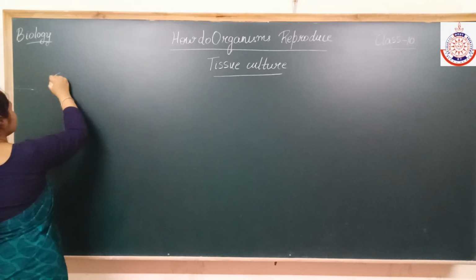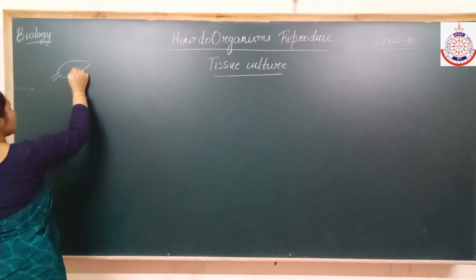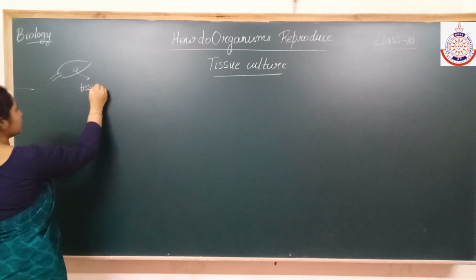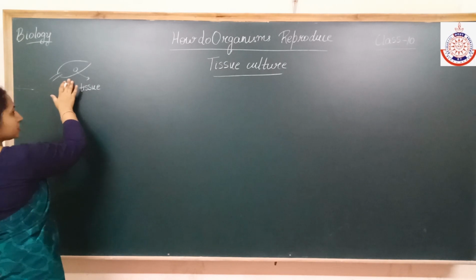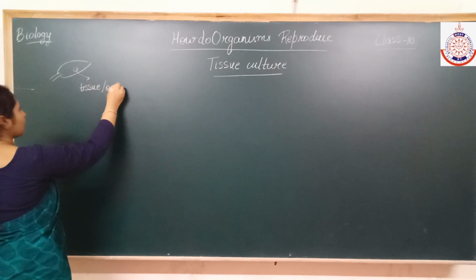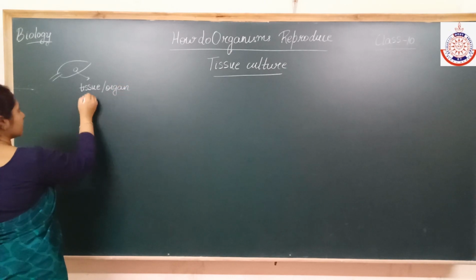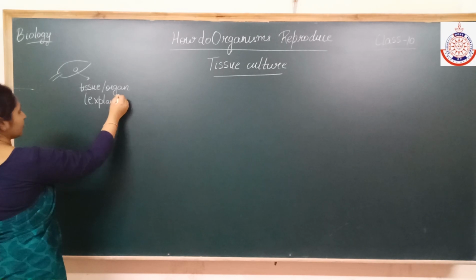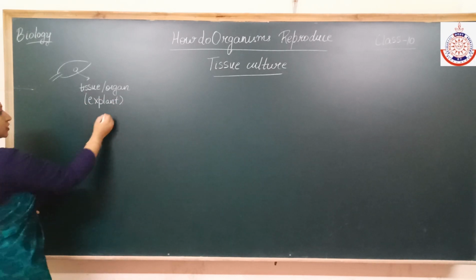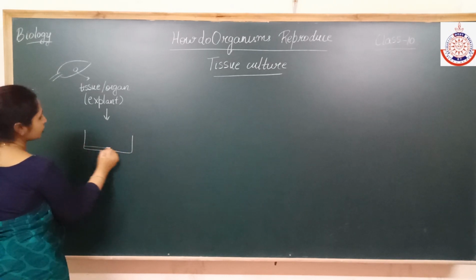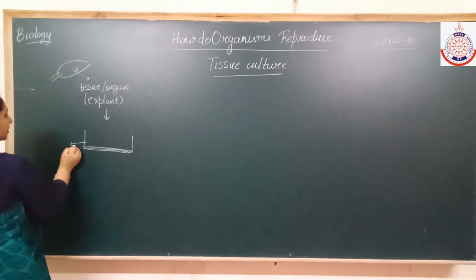First of all, a small portion of the tissue or organ is extracted from the plant, and this is known as explant. Now this portion is cultured in the culture medium, in the Petri plates.